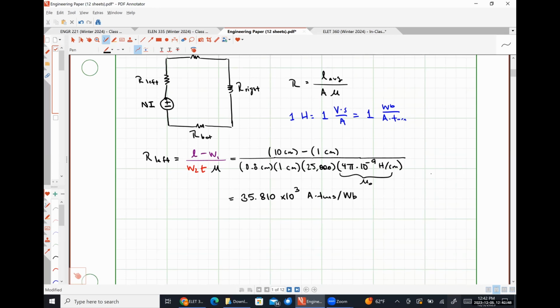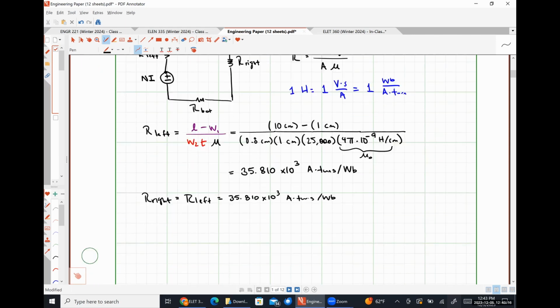So R right is going to be the exact same thing as R left, 35.810 times 10 to the 3 amp turns per Weber. So now we just need to figure out the top and bottom, and hopefully pretty obviously those are going to have the exact same reluctance as well, because those structures are identical to each other.